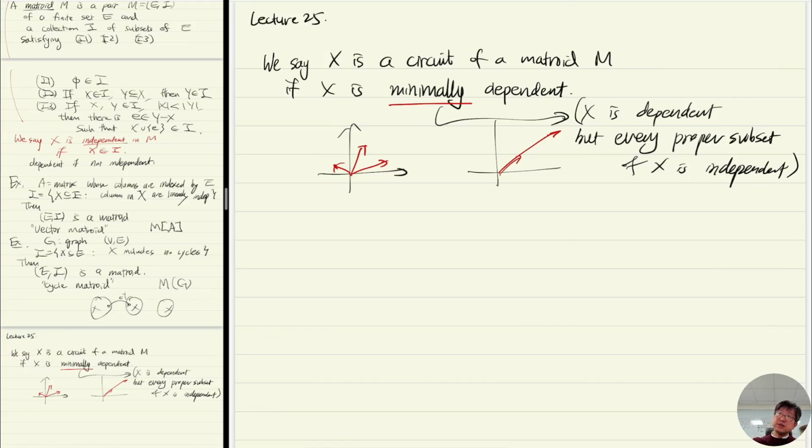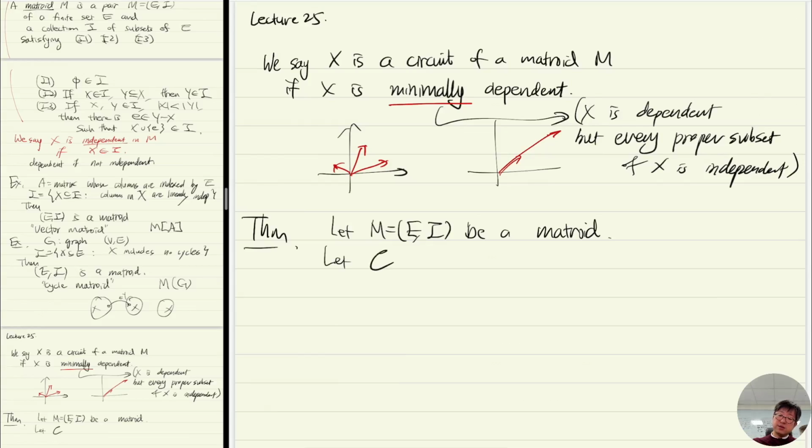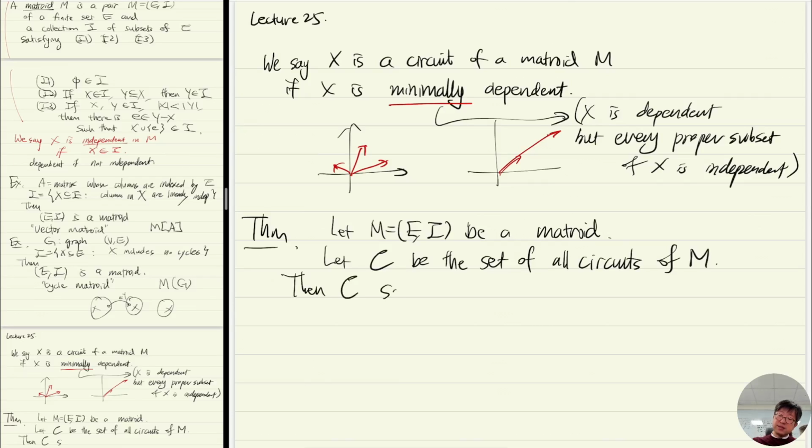Now, here's a theorem. Let M be a matroid. Let C be the set of all circuits of M. Then C satisfies the following three axioms.